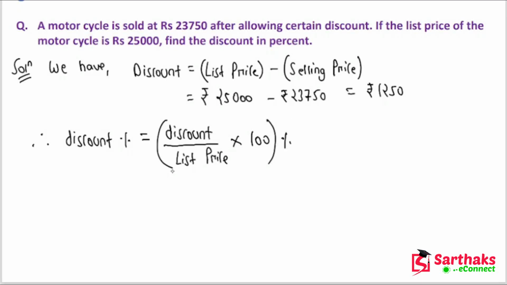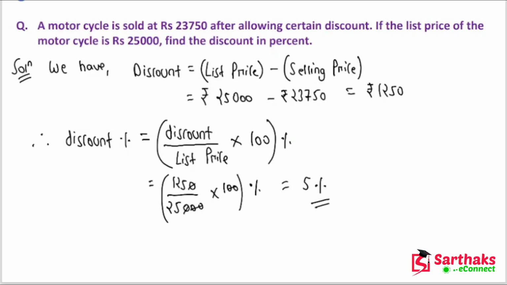Which in this case is 1250 whole upon the list price, which was 25,000, into 100. Okay, and it will give us the percentage. So these two zeros will cancel out, and 125 upon 25 is 5. So the discount was actually 5%. The seller had given a 5% discount on the list price so as to sell the bike for a lesser amount. Okay, so that is the use of this formula.